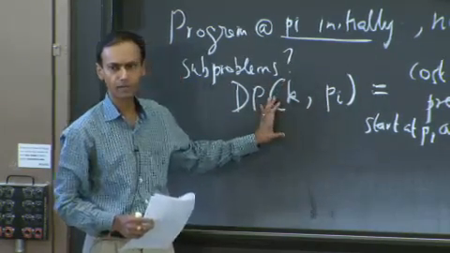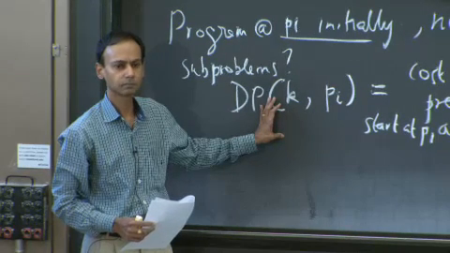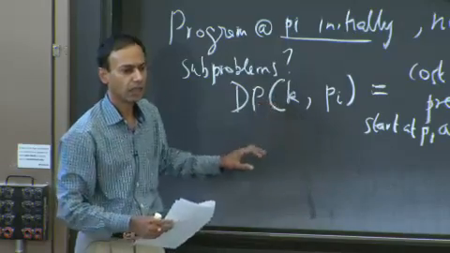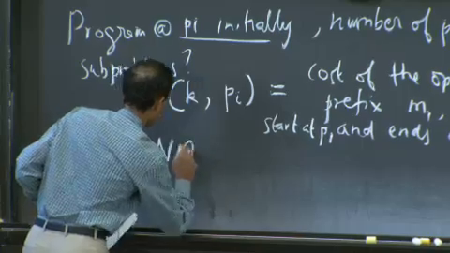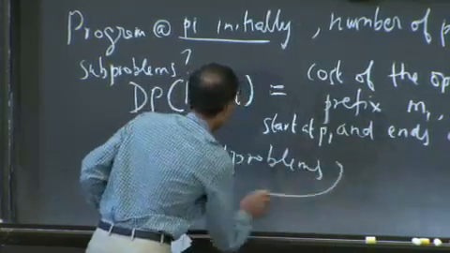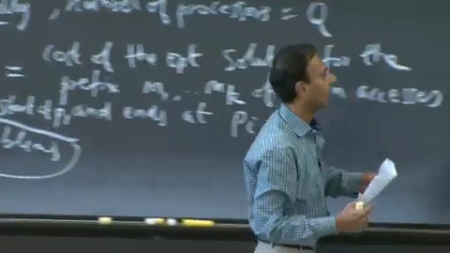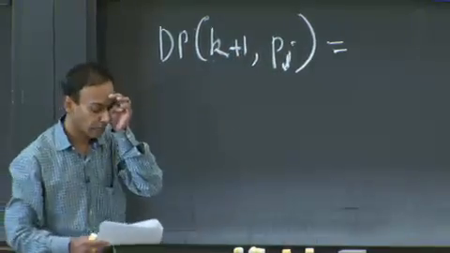So how many subproblems would I have? Someone? Yep. N times Q. Right. So you have N times Q subproblems. So you've set this up for up until k and for all of the Pi's.